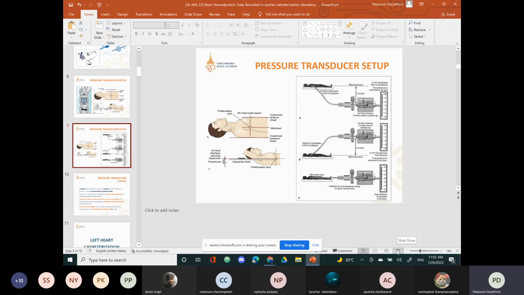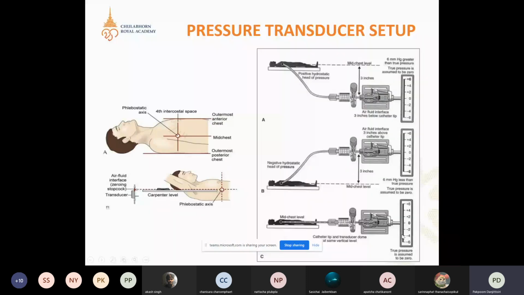Okay. In the first half session, there was some error happening to me. I just want to describe again the pressure transducer setup. In the morning, I'm not sure I described it correctly.